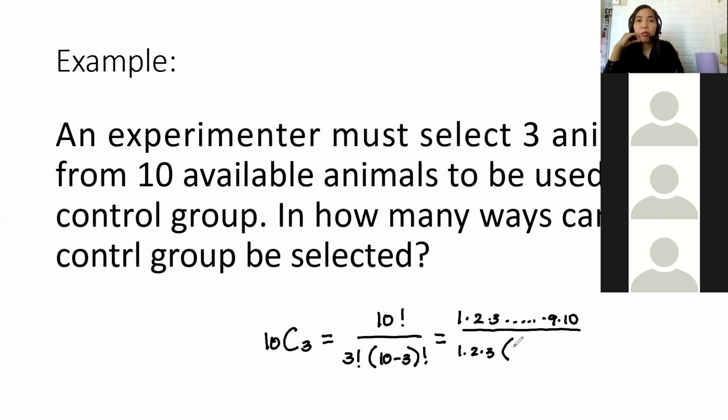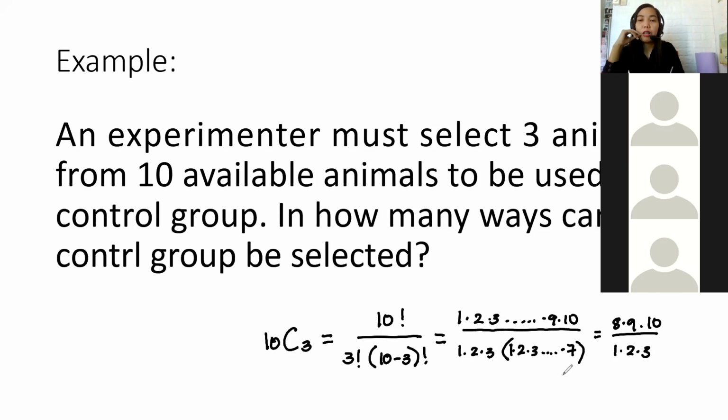So, magiging 7 factorial, which is 1 times 2 times 3 up to times 7. So, kung ika-cancel natin dito ang 1 to 7, matitira 8 times 9 times 10, right? Over, dito naman, ang matitira na lang itong 6, 1 times 2 times 3.